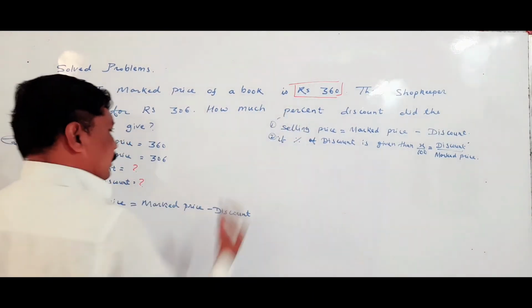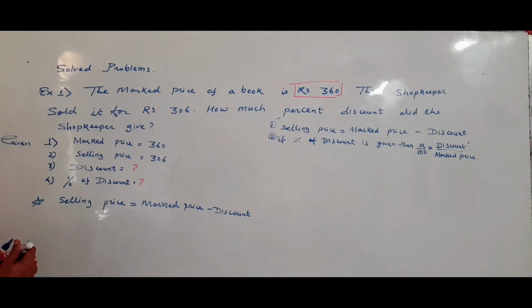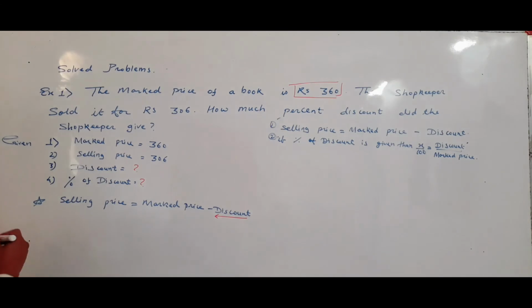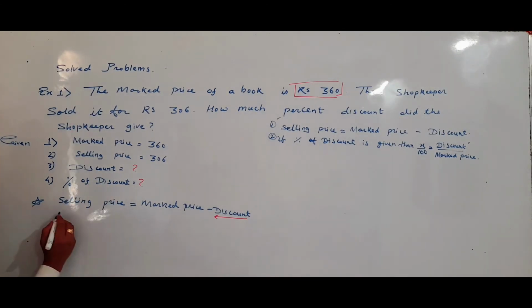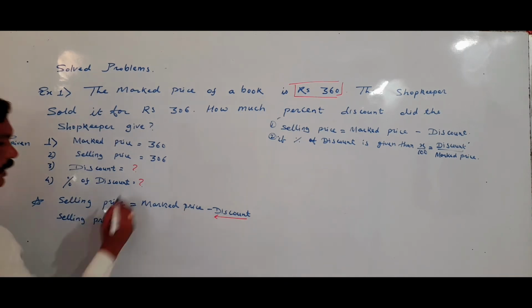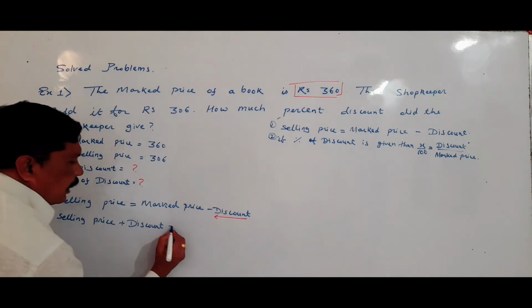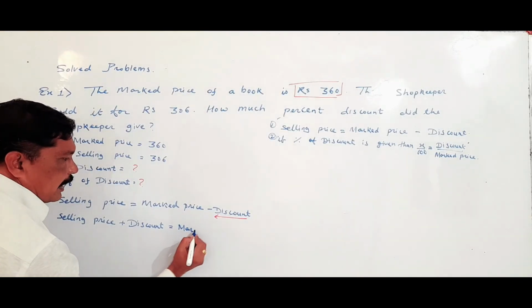We'll make use of this formula. We'll take discount to the other side of the equation, so the equation will become selling price plus discount, and mark price will be as it is.